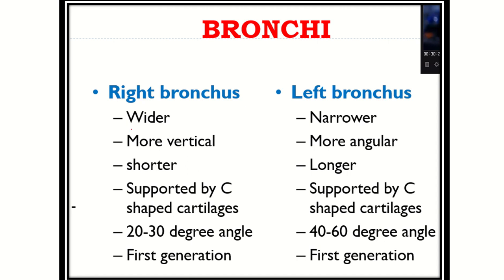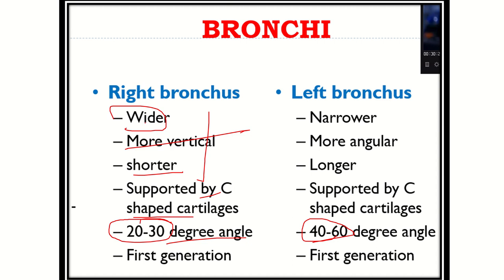Here we can see the right bronchus is wider, more vertical, and shorter, and it is supported by C-shaped cartilage. Its angle is 20 to 30 degrees, which is less than the left main bronchus, which is 40 to 60 degrees. So these are the three important points: the right main bronchus is wider, more vertical, and shorter, and the left side is narrower, more angular, and longer.